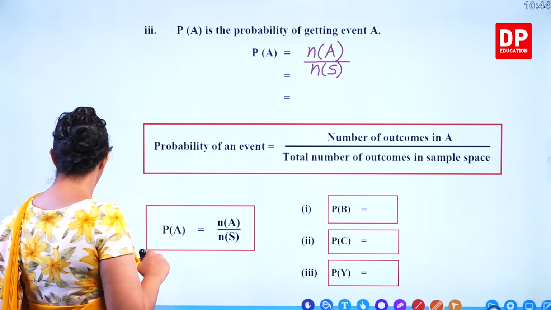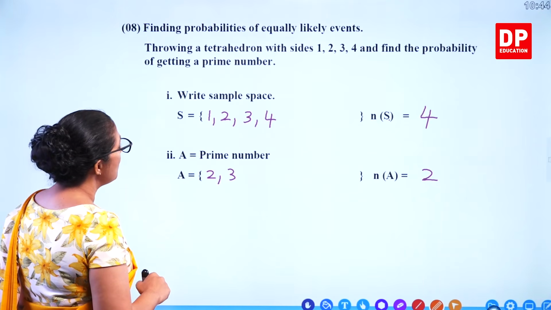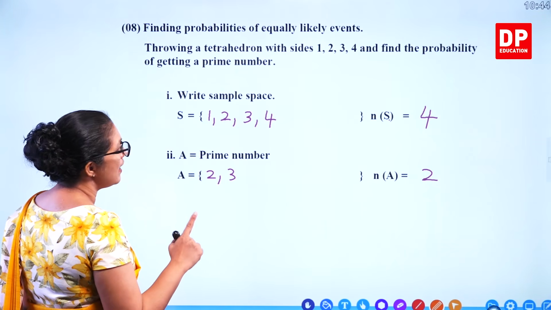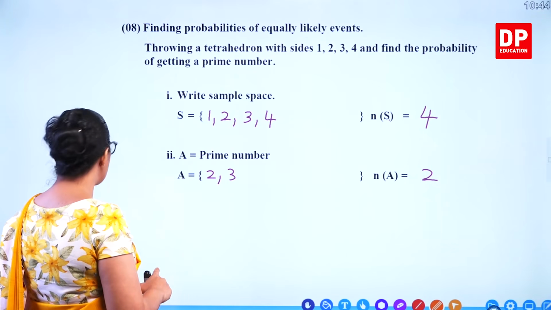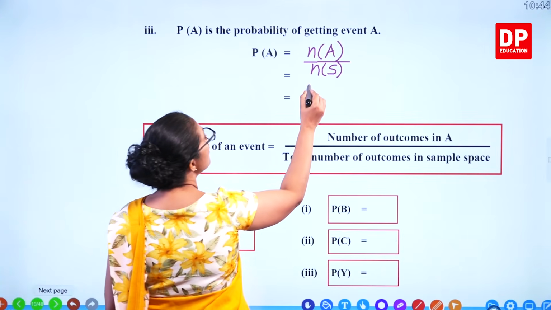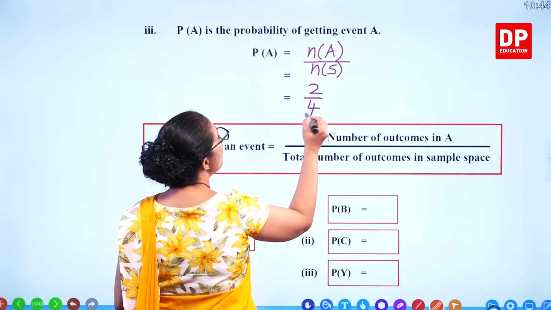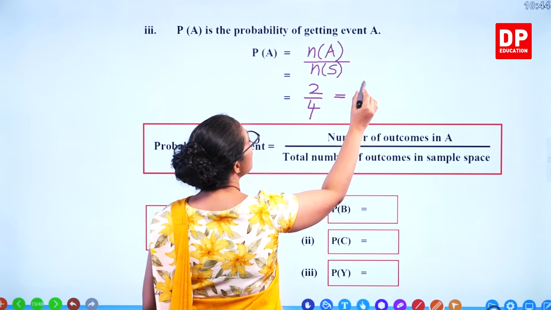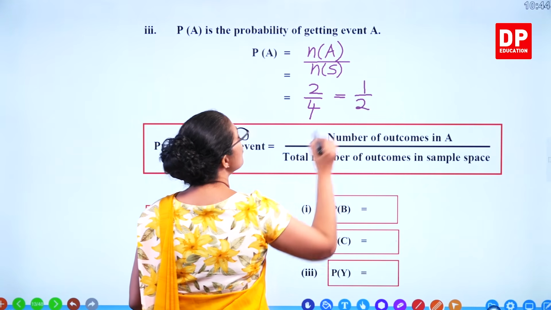According to this, NA is 2 and NS is 4. So 2 over 4, you can simplify and write 1 over 2, dividing by 2.